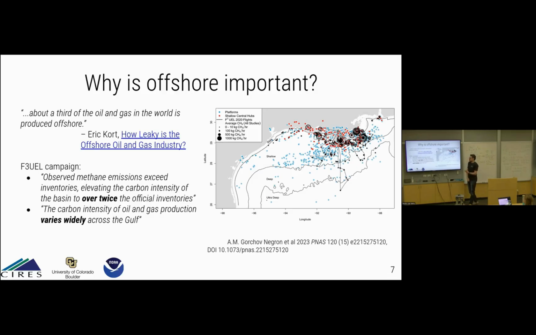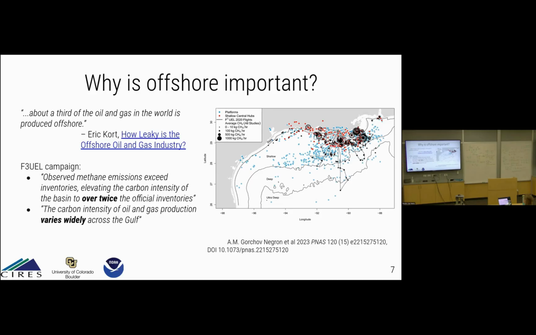Eric Cord was invited to talk about offshore methane emissions, and he conducted a field campaign in the Gulf. He visited a bunch of platforms here, and he measured methane leaks at all of those locations. And here are some highlights of the campaign. One is observed methane emissions exceed inventories, elevating the carbon intensity of the basin to over twice official inventories.